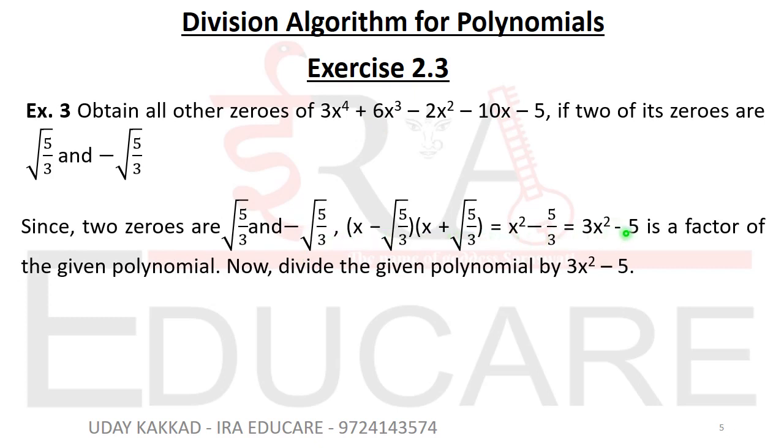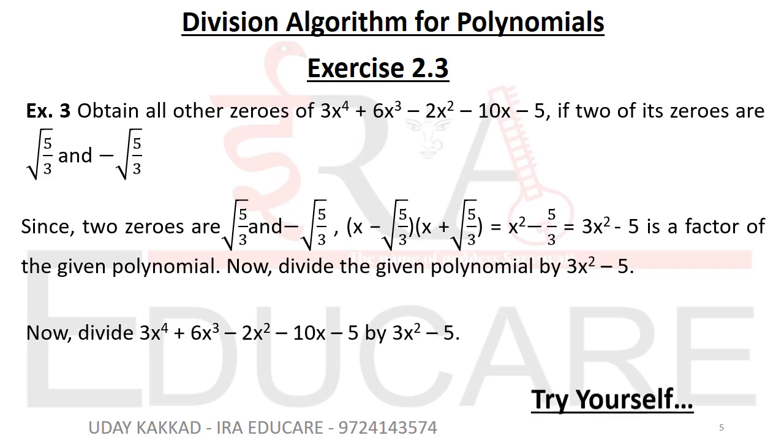Now you divide this polynomial 3x raised to 4 plus 6x cube minus 2x square minus 10x minus 5 by 3x square minus 5, and the result you get is the quotient as a polynomial. Try to find the zeros of that polynomial, so you find another 2 zeros. Try it yourself.